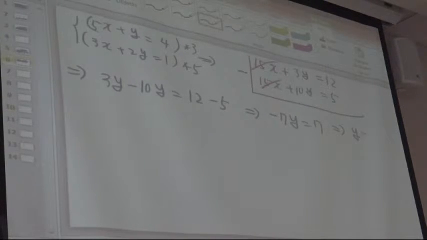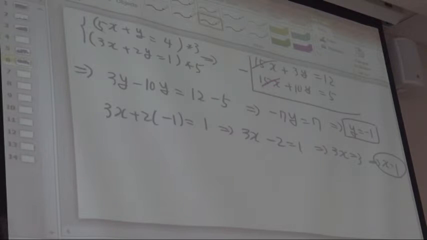So we get y equals negative 1. Once we get a y value, we can plug in: 3x plus 2y is equal to 1, so 3x minus 2 is 1. So 3x is 3, and x is equal to 1. So we still get the same solution. 1 comma negative 1 is the solution.